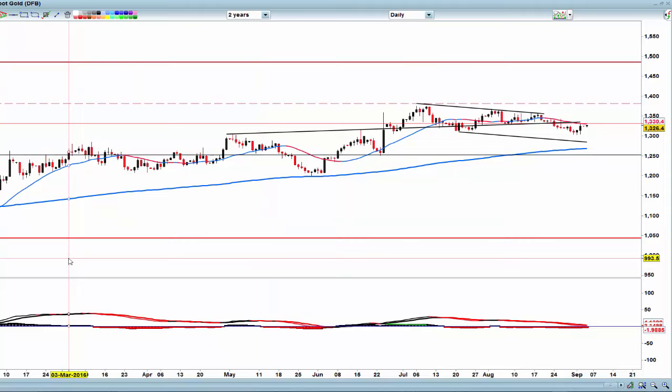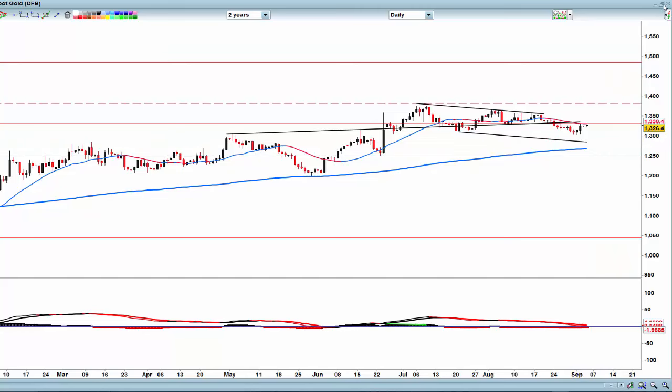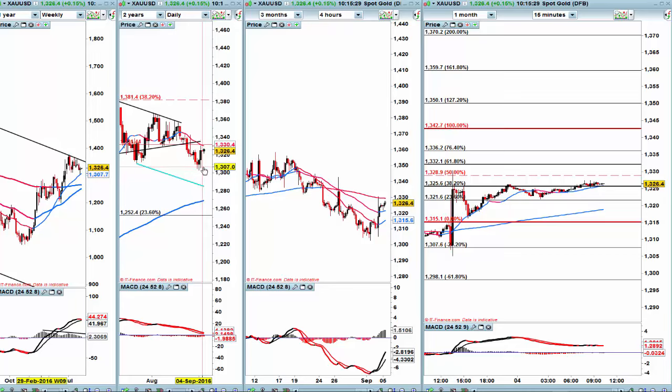I think that will drop. I'm looking for dollar strength, and I think we'll at least come and test 1275. I think that is a good push on Friday. There's a good buyer's bar here on Friday, so you can see the resistance up here in the 4 hour at 1330. Let's see if that is going to hold.